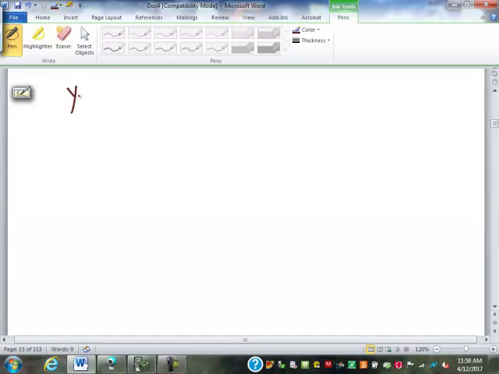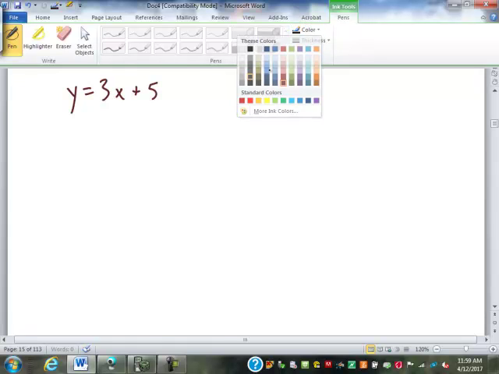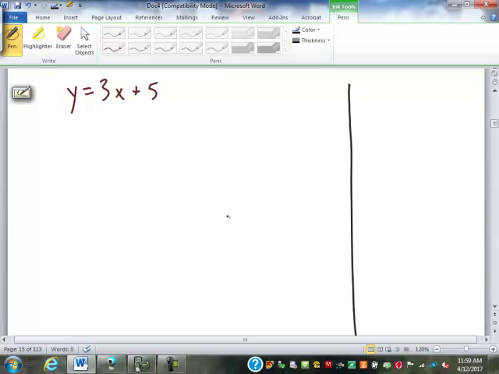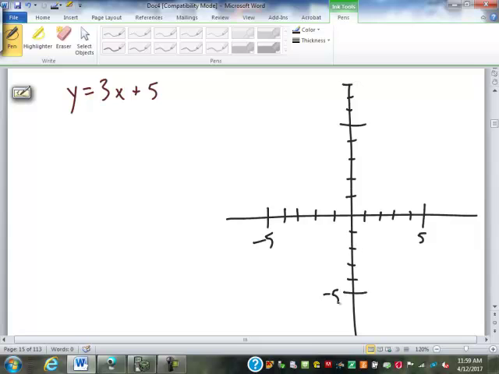So I might take my y equals 3x plus 5 and plot it on this graph. I'm probably going to run into trouble here because I only numbered up to 7 each way, but let's see how it goes.